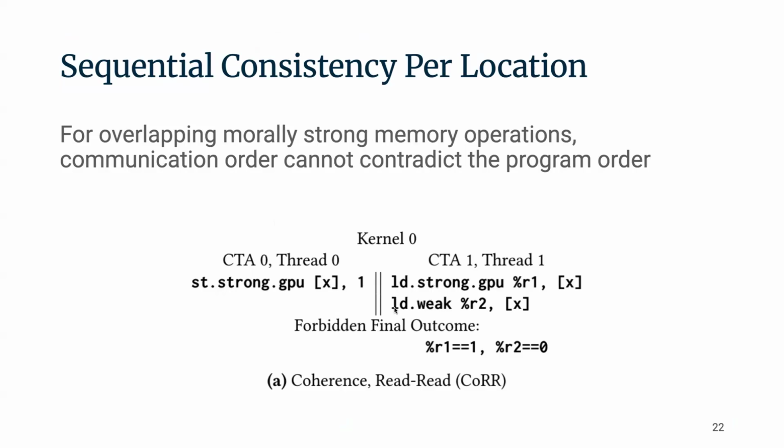And these two, since they're in the same thread, are also morally strong relative to each other. So what it's saying is that if R1 is 1, if I read 1 here, then this store is visible at that point. So for the second load, it should also be visible. So you cannot read 0 here.